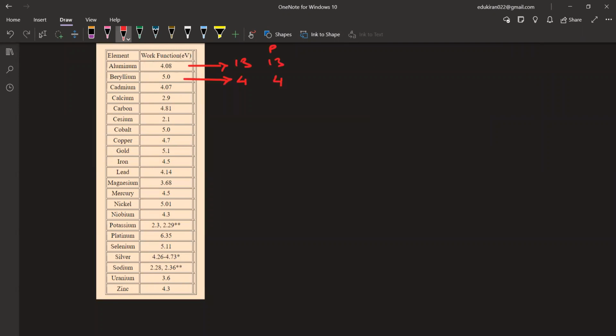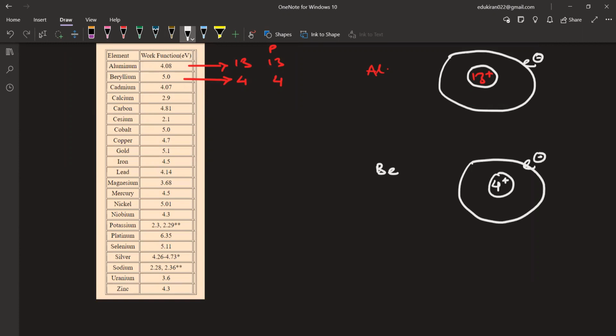That means if I look at the aluminium nucleus, it will be having 13 positive charge. Now, we are looking at the model that was given by Rutherford. This 13 positive charge is attracting the electron. And if I look at the beryllium atom, then I have 4 positive charge in the nucleus, and it is attracting the electron that we have on the beryllium atom.